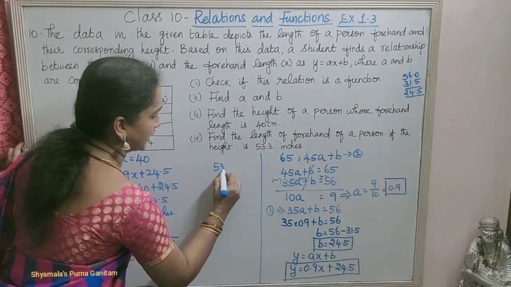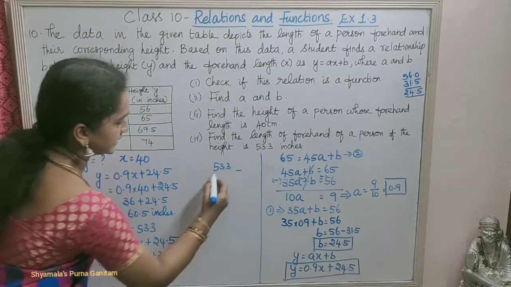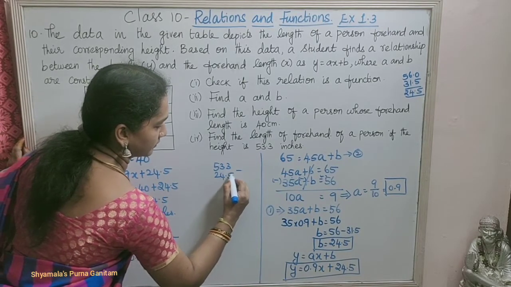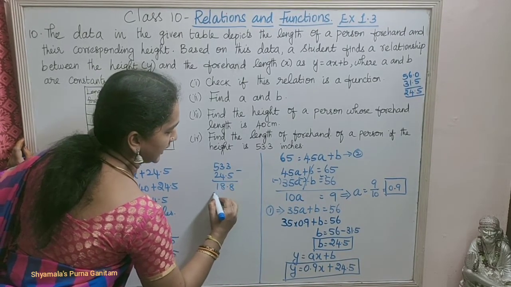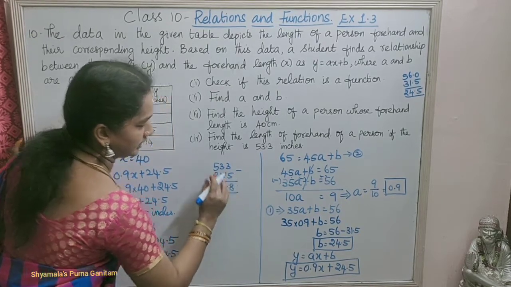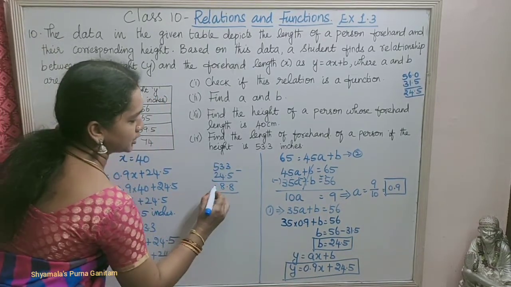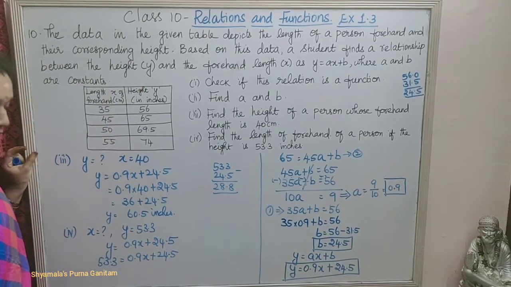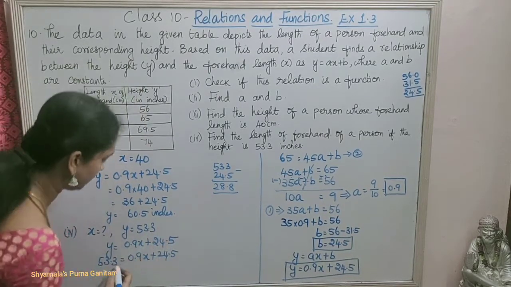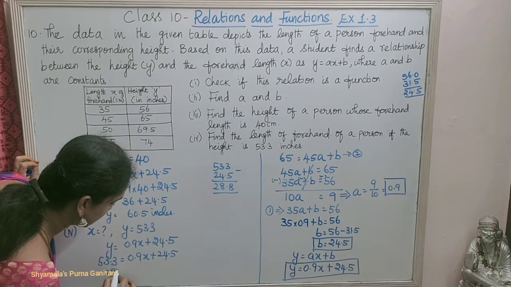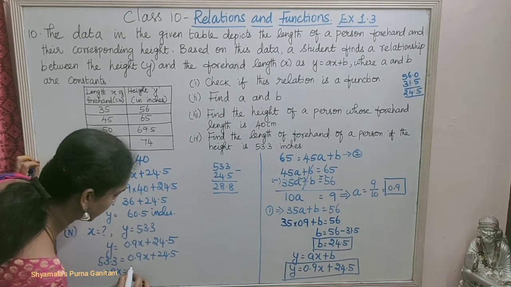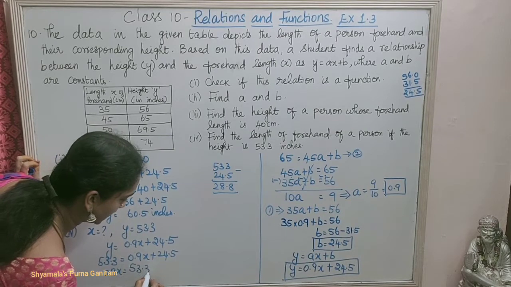So that will be 53.3 minus 24.5. So this one will be 8 and this is also 8, 18.8. 13. This one will be 28.8.